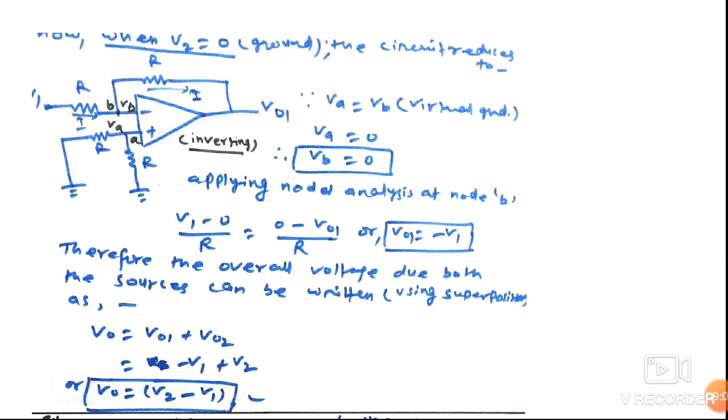Now applying nodal analysis at point B, that is at the inverting node of the operational amplifier.